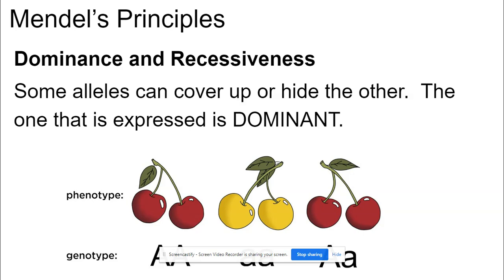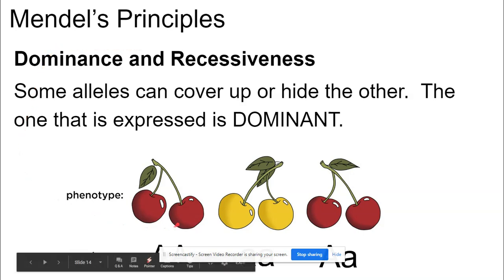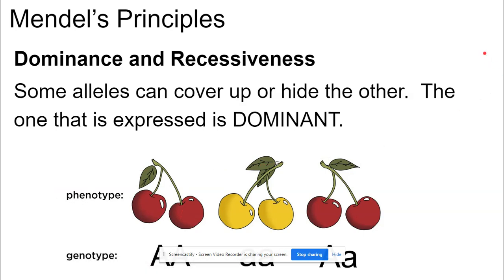But these hold true for most patterns of inheritance, that there is usually a dominant allele and a recessive allele. The dominant allele can cover up or hide the recessive allele. So the one that's expressed, we say, is dominant. You can see the phenotype here is red, and it has two capital letters.